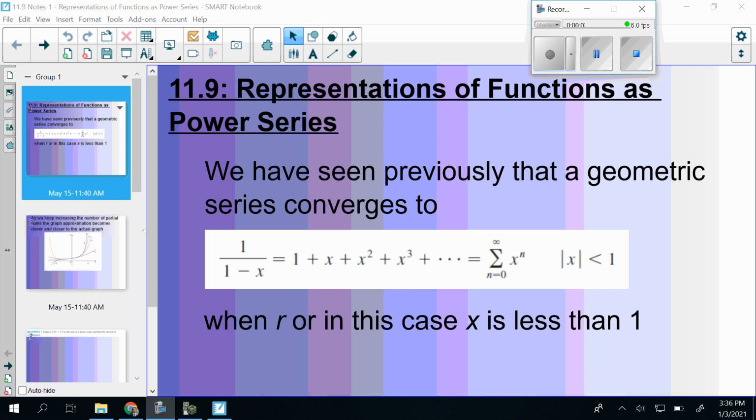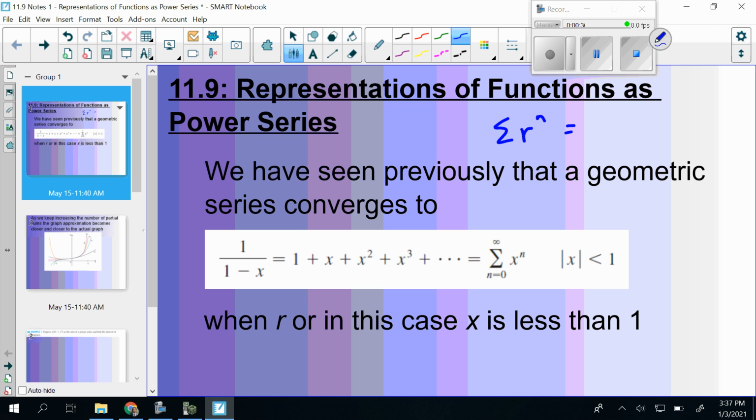All right, we're going to look at representations of functions as power series today. We've seen previously that a geometric series converges. So if you have a geometric series where the powers keep increasing, we know that the geometric series of r to the n sums to 1 over 1 minus r.